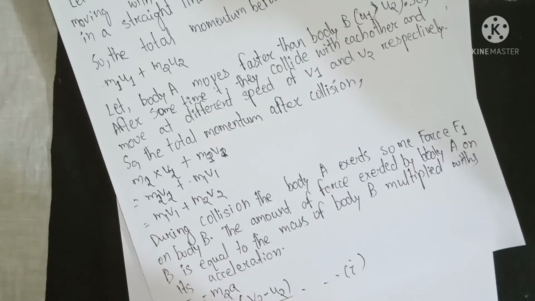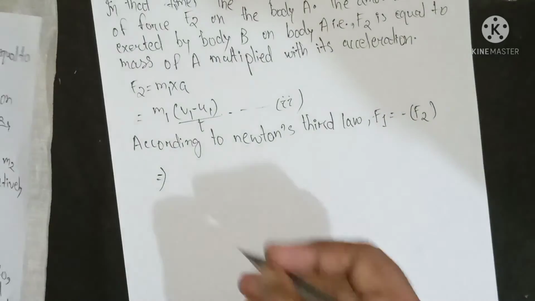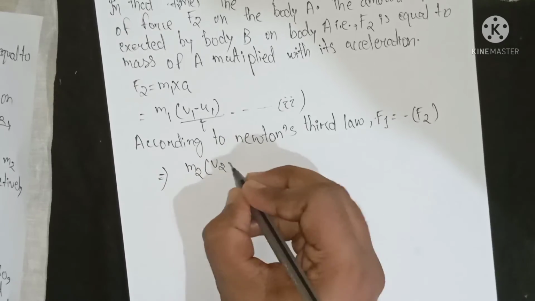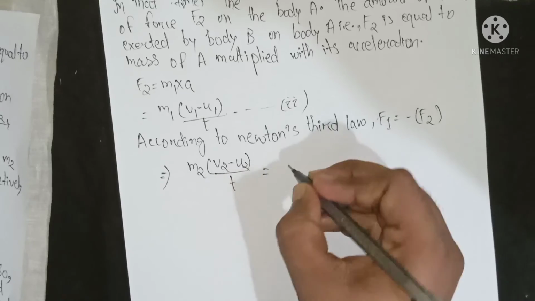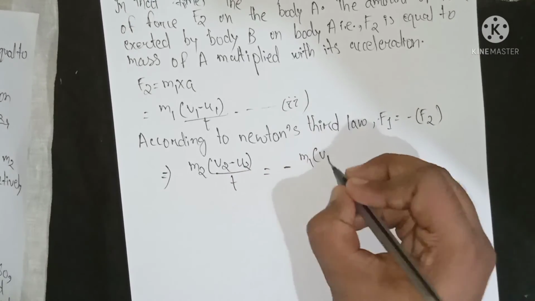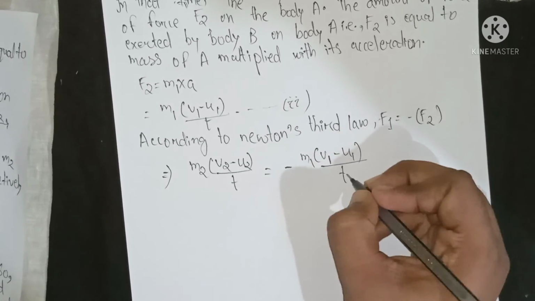So we can write that F1 is equal to m2 whole into (v2 minus u2) by t, is equal to negative m1, which is already in brackets, (v1 minus u1) whole by t.